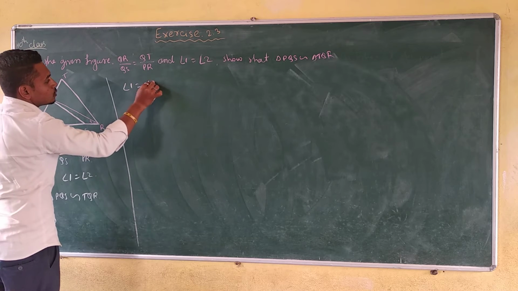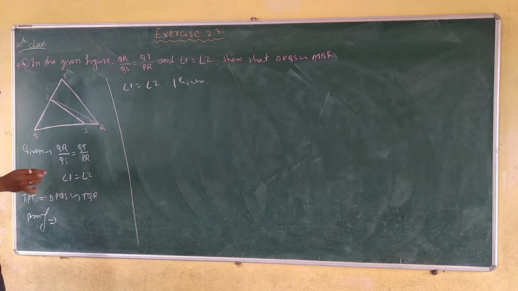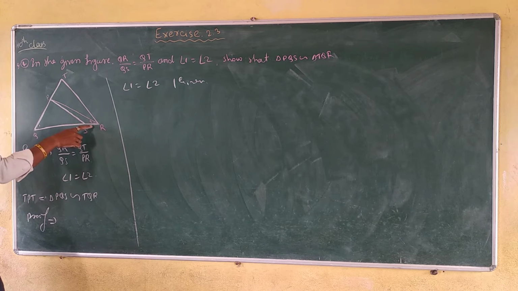Angle 1 is equal to angle 2. This is the given data. Next, see here, angle 1 is equal to angle 2.